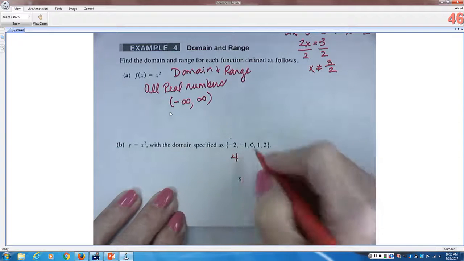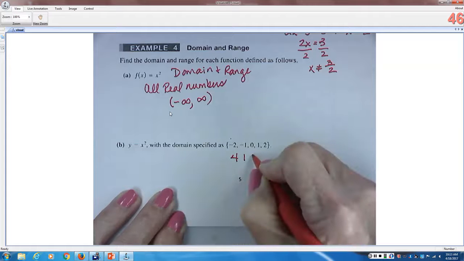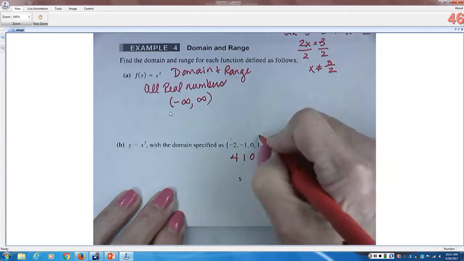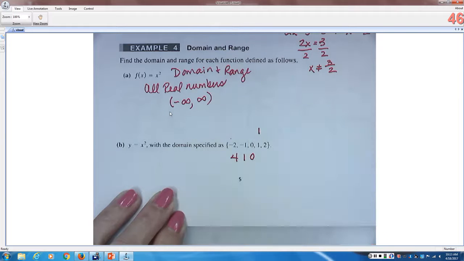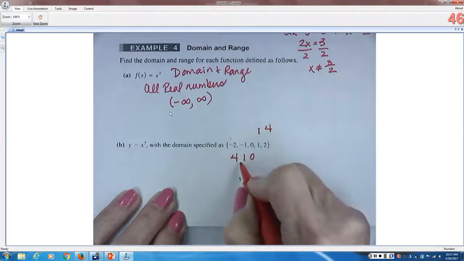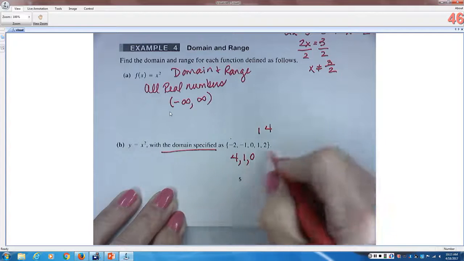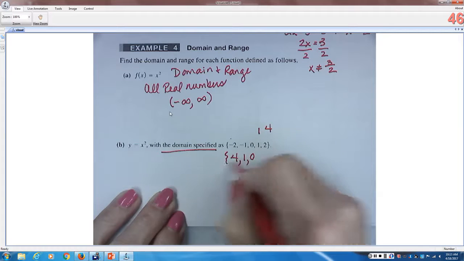If I put in -1 and square it, I'm going to get 1. If I put in 0 and square it, I'm going to get 0. Now if I square 1 again, +1, I still get 1. And if I square 2, I get +4. So actually, with this domain restriction, this is the range.